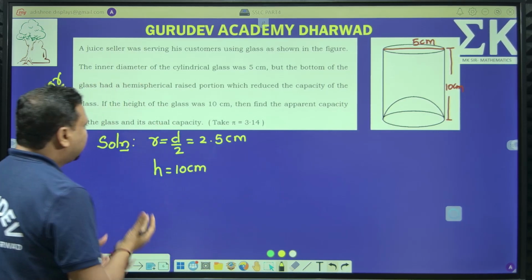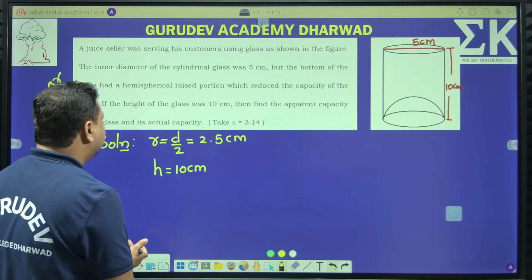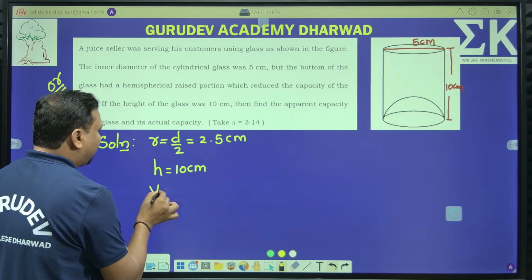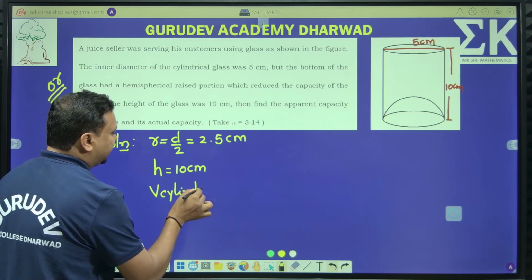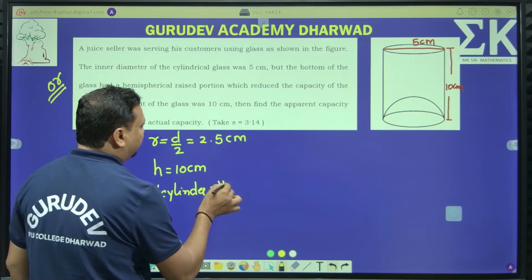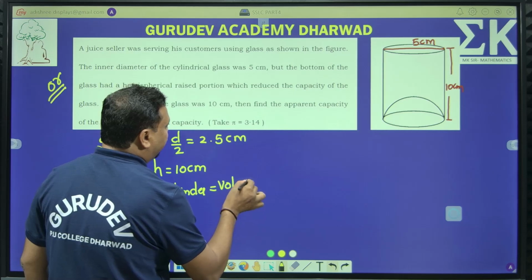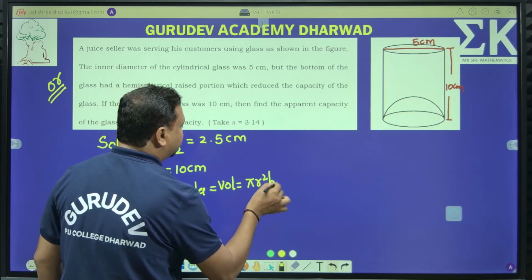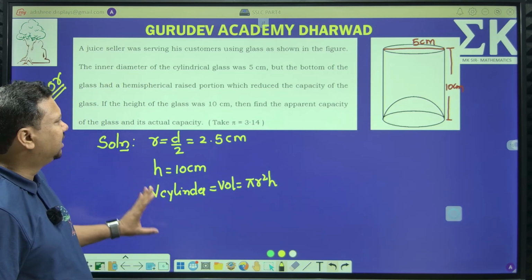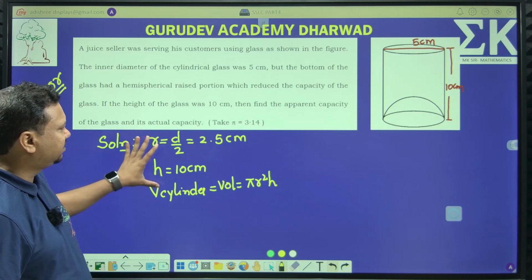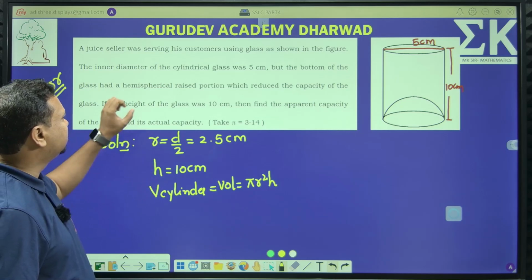The question is the capacity of the glass. When I say capacity of the glass, we are talking about the volume of the cylinder, pi r square h. This is the actual capacity of the glass, which can hold the juice.